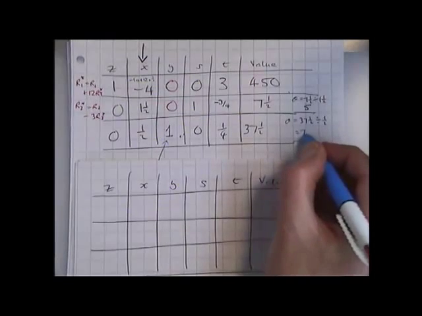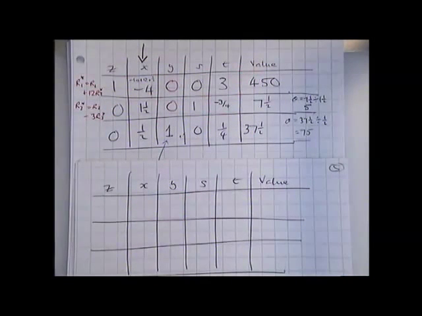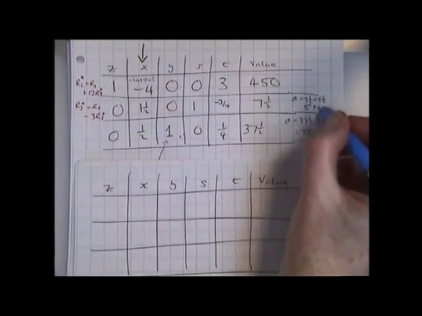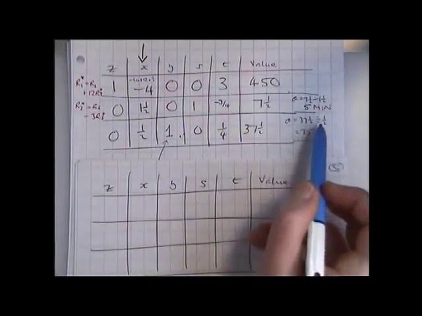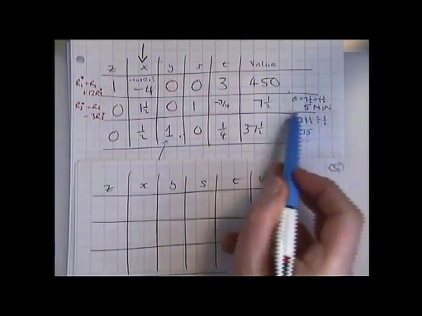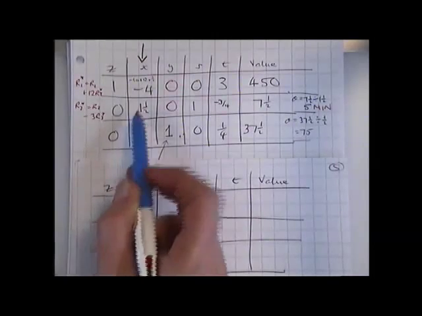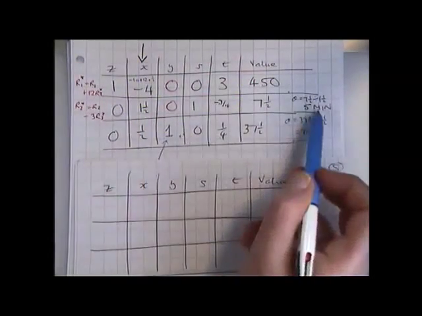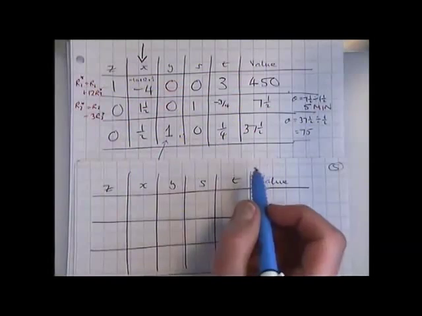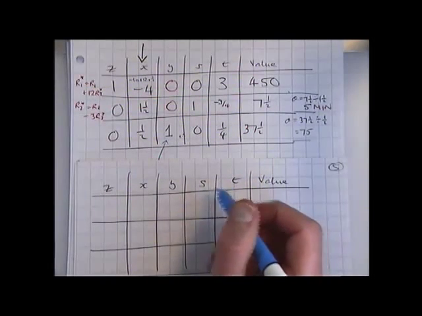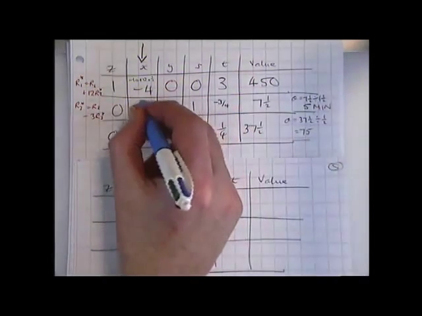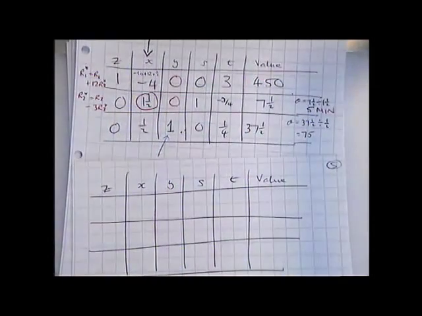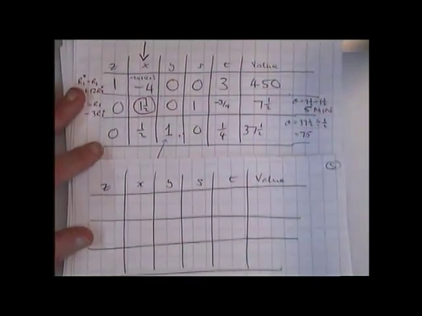That one's going to be 75. So the minimum theta value is this one here. So that identifies for me my pivotal row. So now I have my pivotal column and my pivotal row, I can circle my pivot. And my pivot is that 1.5. I've identified my pivot.